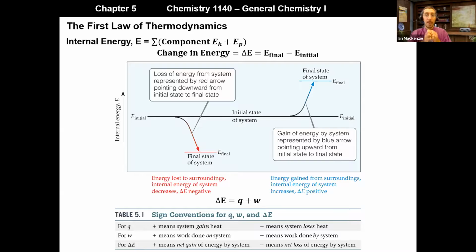It's work done by the system on the surroundings. And for the overall change in energy, if that's positive, it means that the net energy of the system is higher than the initial. And negative means we gave off energy in the process.